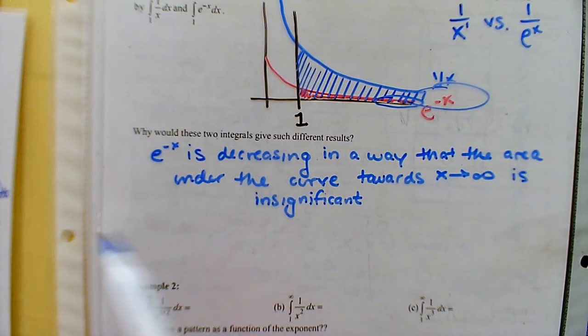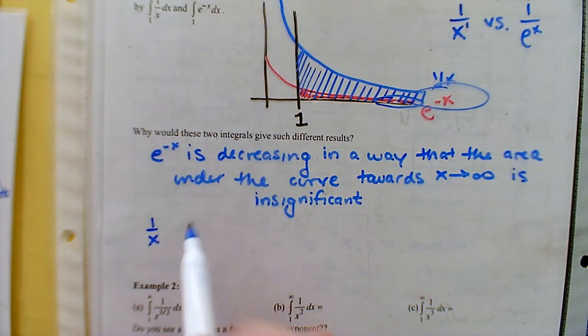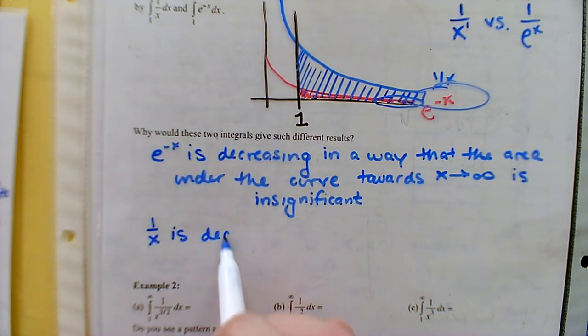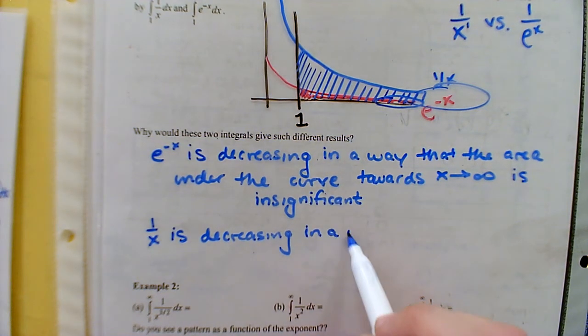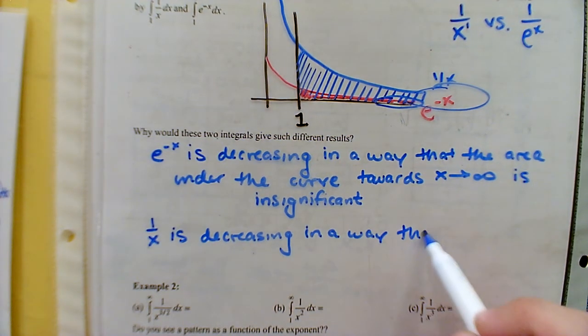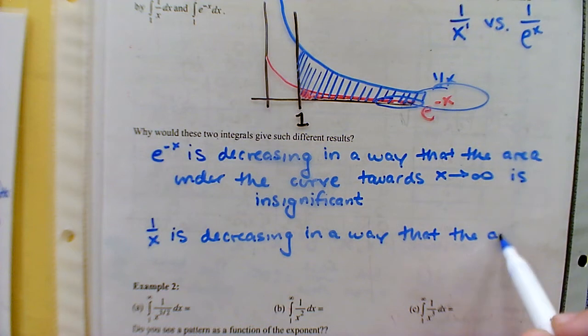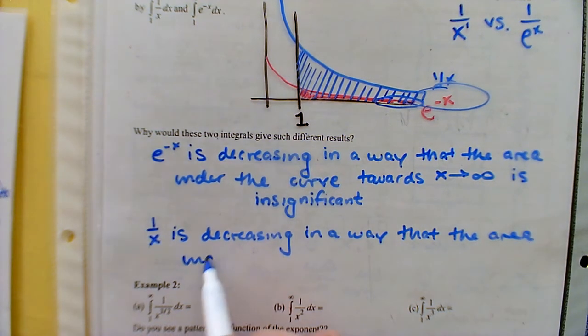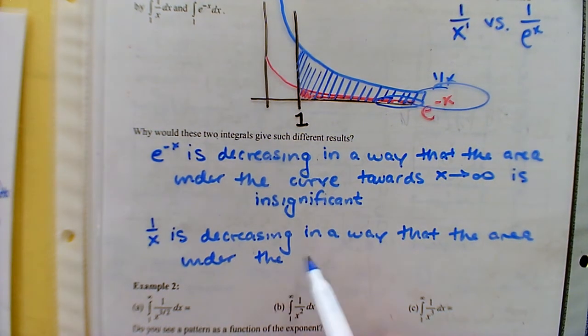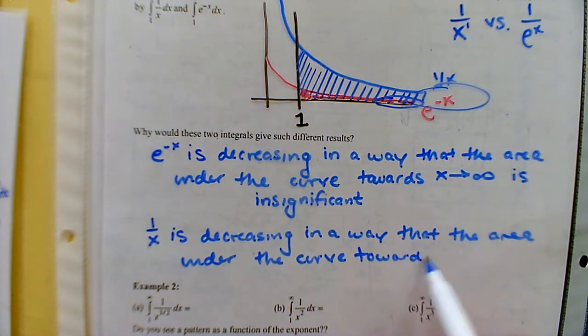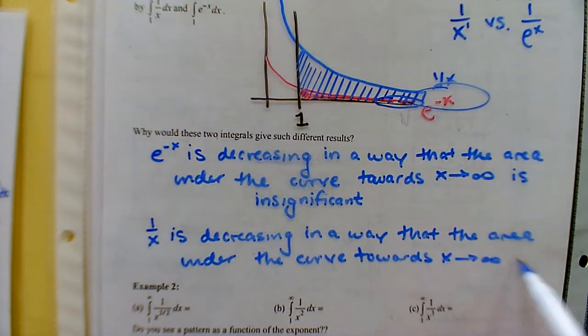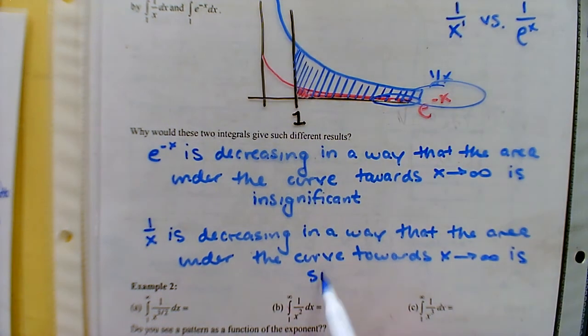Okay, but that's not really the case for the other one. 1 over x is decreasing in a way that the area under the curve towards x approaching infinity is significant.